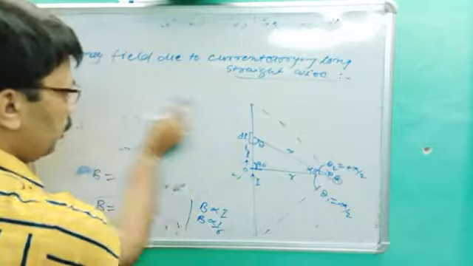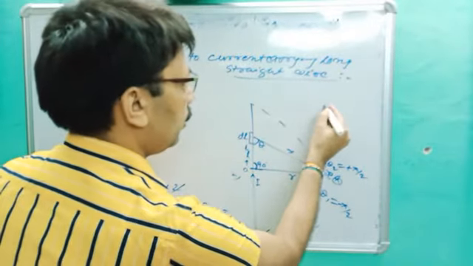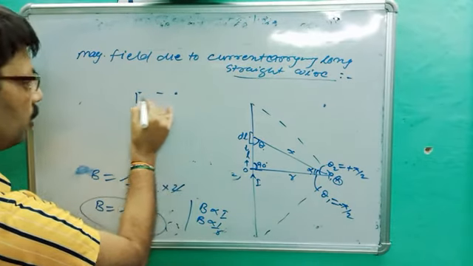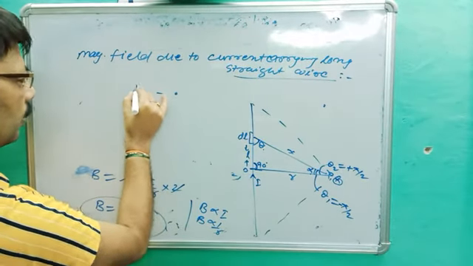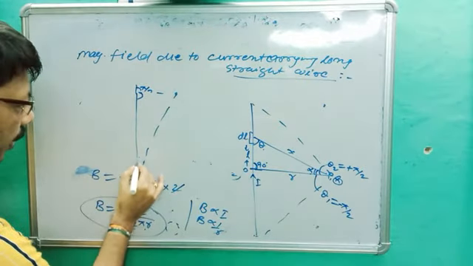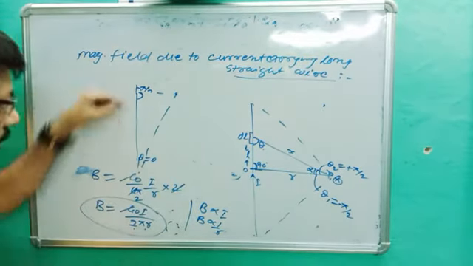Let's suppose a point is given here, on top or at the bottom. This angle will be pi by 2 and it becomes an infinite wire. This other angle becomes 0, because it is at the top.